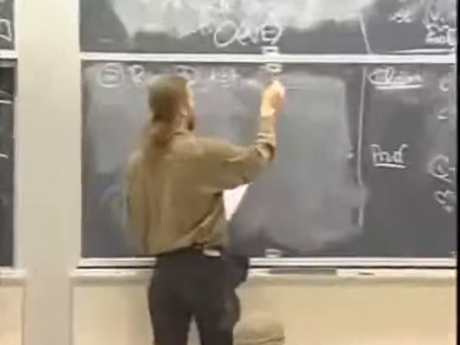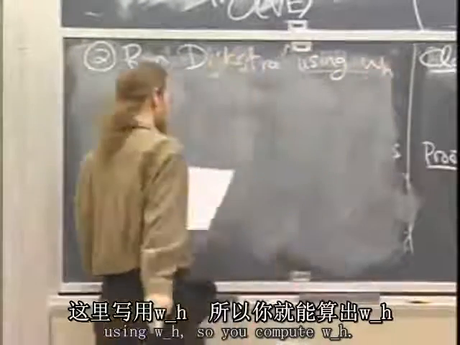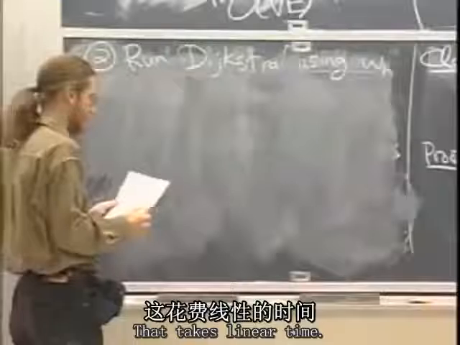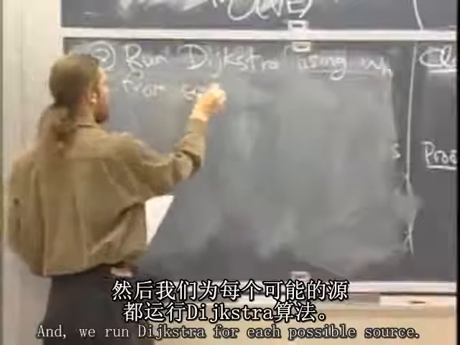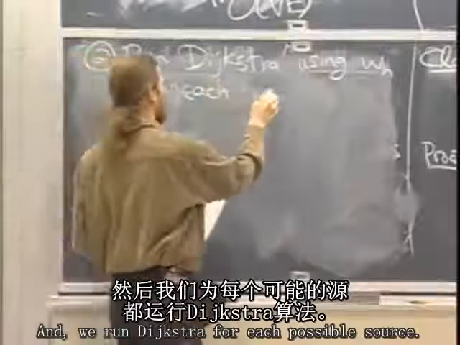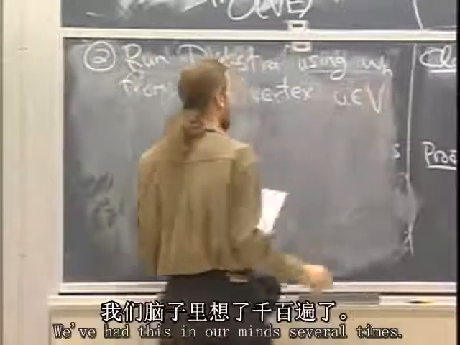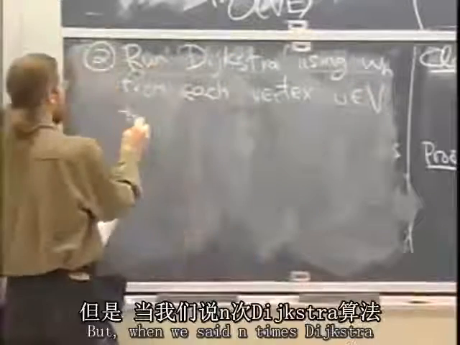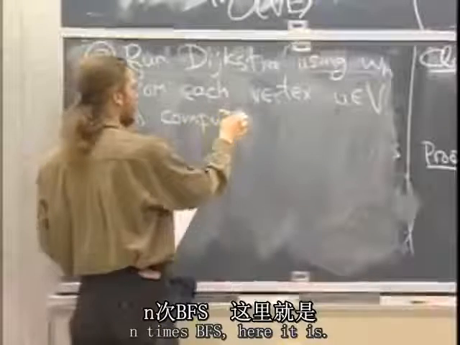Let's say using w_h. So you compute w_h. That takes linear time. And we run Dijkstra from each possible source. So I write this out explicitly. We've had this in our mind several times, but when we said n times Dijkstra or n times BFS, here it is.